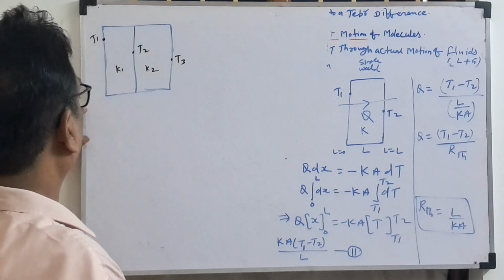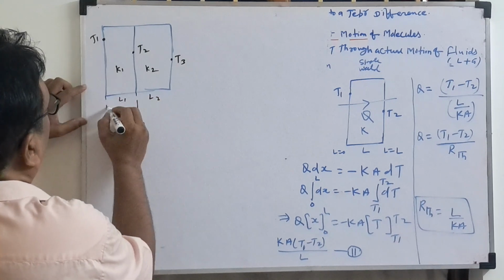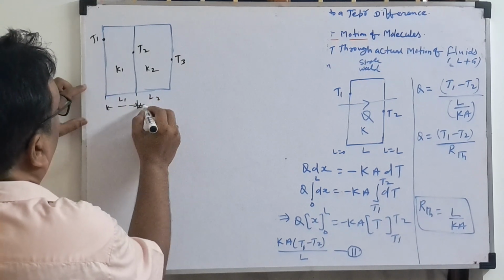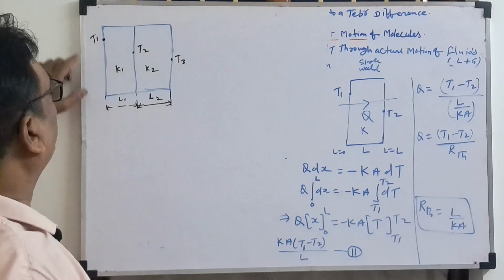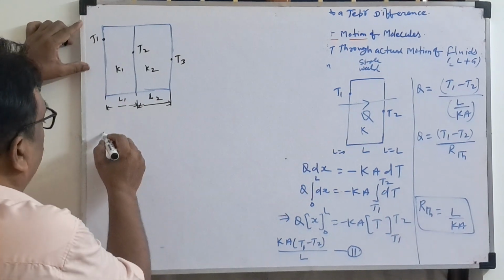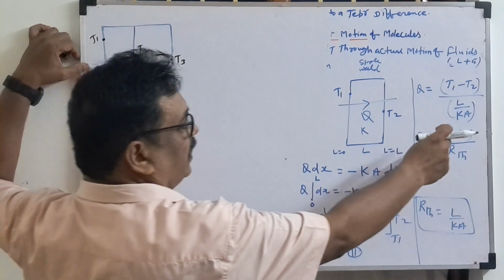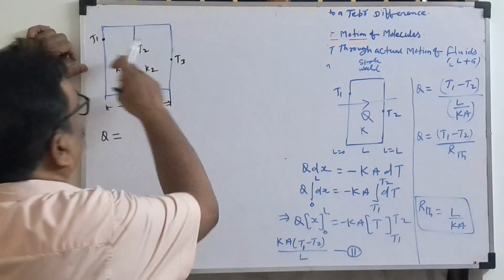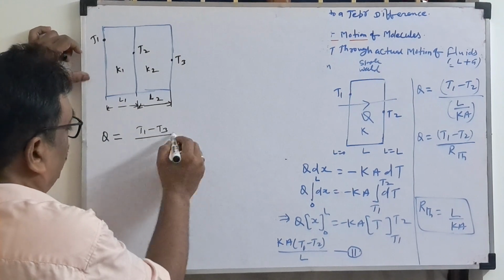So, I have taken 2 walls. The lengths given are L1 and L2. Now how will you write the formula? If you know the first wall formula, Q is equal to the overall temperature difference, as I told you. Here the overall temperature is T1 minus T3.